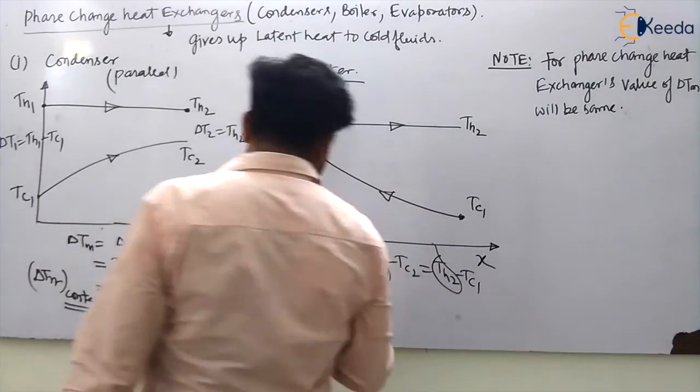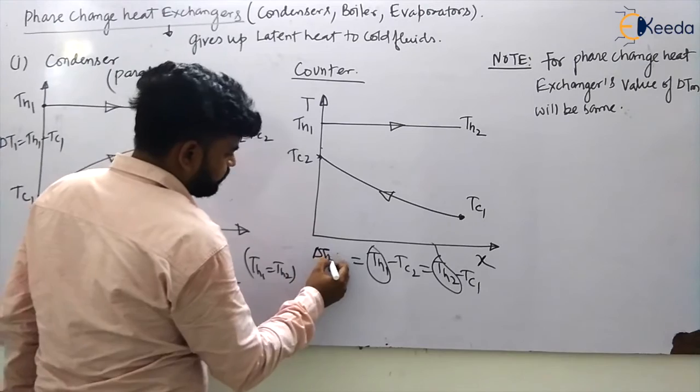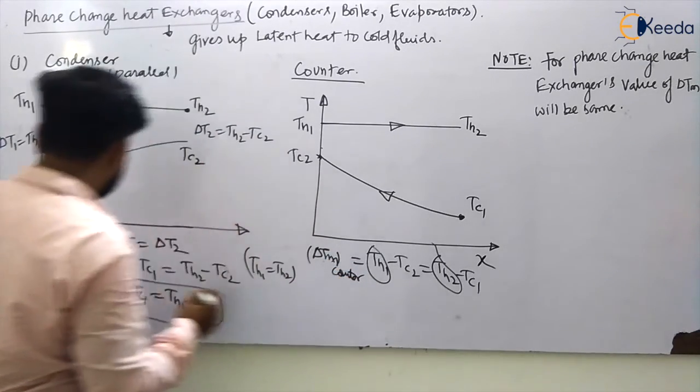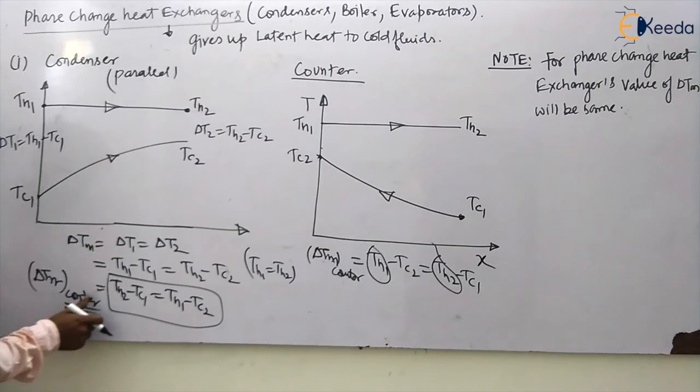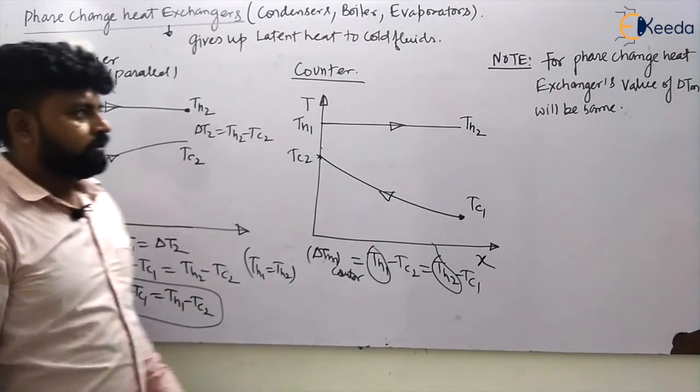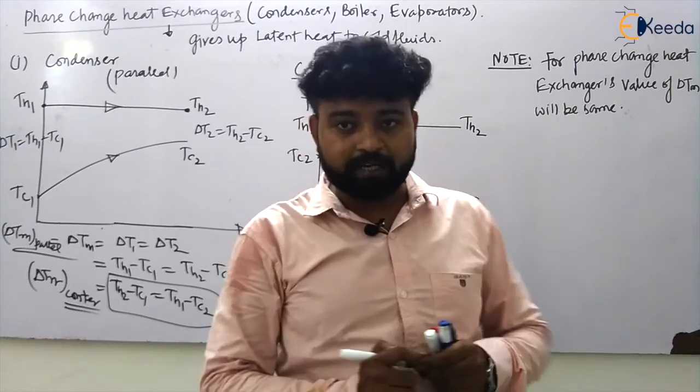That is your delta Tm for counter, that is your delta Tm parallel, my dear students. So this is for your condenser.